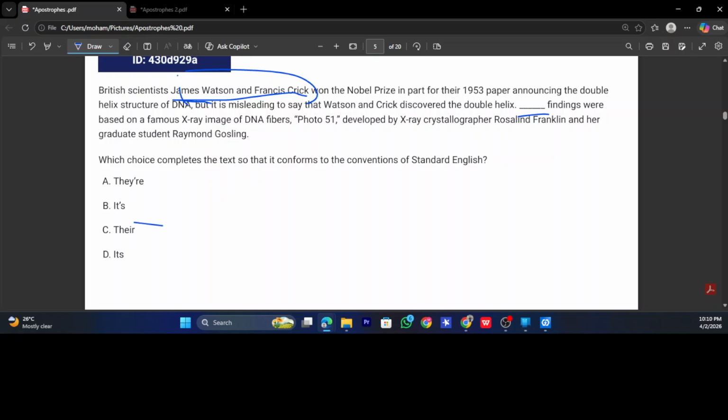So you choose C as the best answer. Its means singular, it's means it is, and there's means there is. It is not your answer.